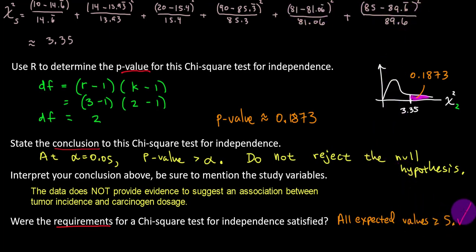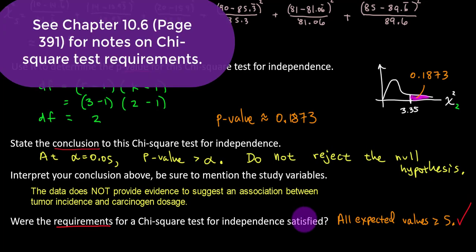Check. And because we are making inferences to populations based on samples, of course, we need random sampling or random assignment. I believe random assignment was mentioned in the start of this video.